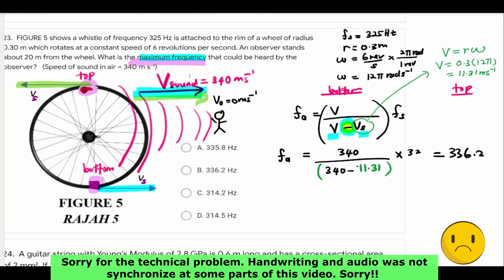Sebabkan saya nak kira yang top dekat sana, saya tulis kat bawah ni. Okay, 336.2 Hz.